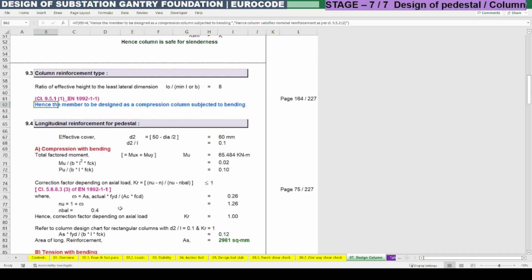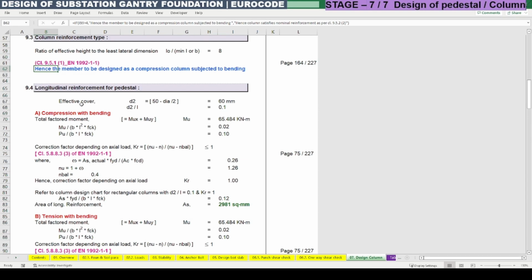So coming to the detailed calculation of longitudinal reinforcement, first we need to find out the effective cover. Effective cover is nothing but we need to reduce the clear cover with half of the diameter. So that 50 mm we can assume as a clear cover, sorry, it should be added with half of the diameter. So it is 60.